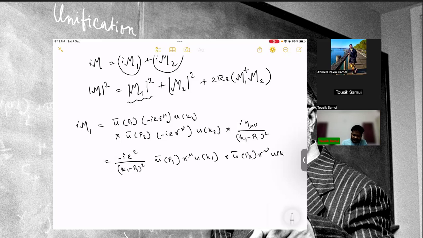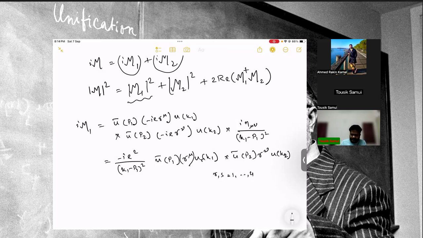Remember that these u's, in the Dirac fermion case, are 4-component spinors. So u has one index r, and this r goes from 1 to 4.